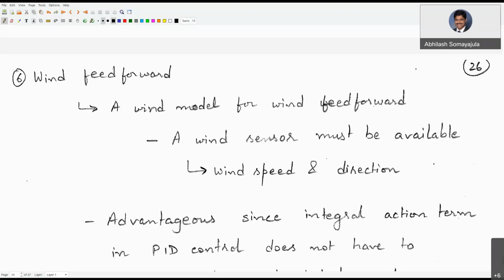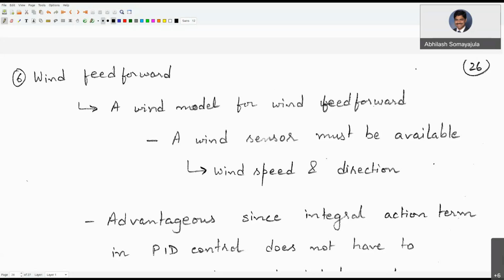I'm pretty sure they had a wind feed forward system too, but the wind just exceeded the limits. So you're not able to compensate for the thrust due to the wind ahead of time, and it started veering off course.